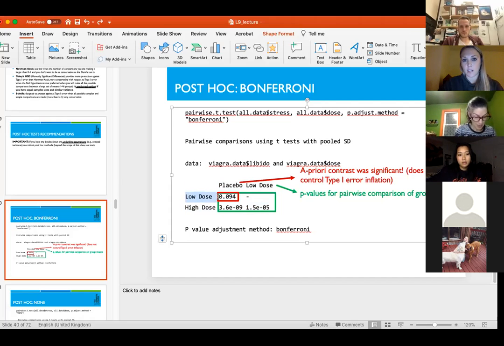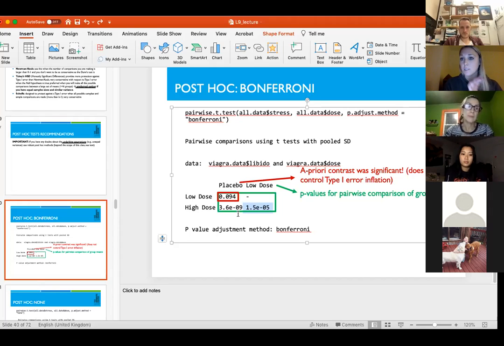Here you can see the p-value for low dose compared to placebo, high dose compared to placebo, and high dose compared to low dose right here. So it's not going to give you t-values and degrees of freedom. It is still doing a t-test, but it's really just going to give you the p-values because that's all you're interested in.